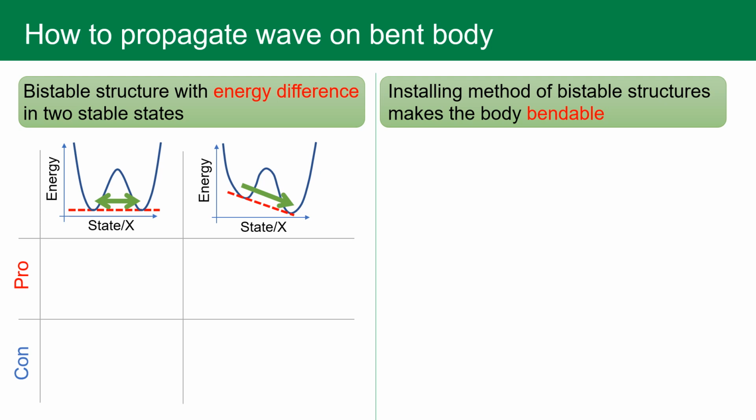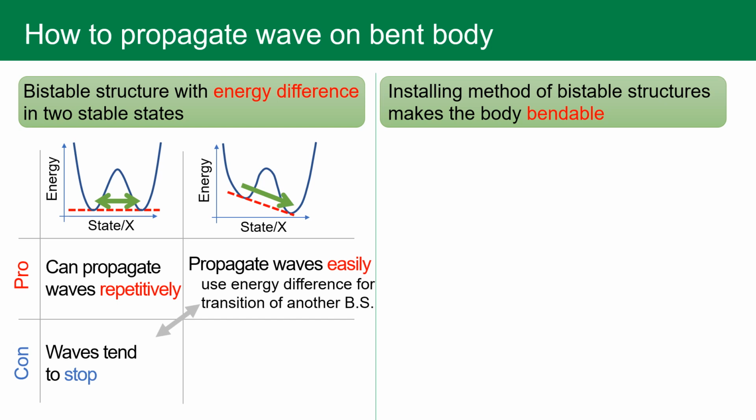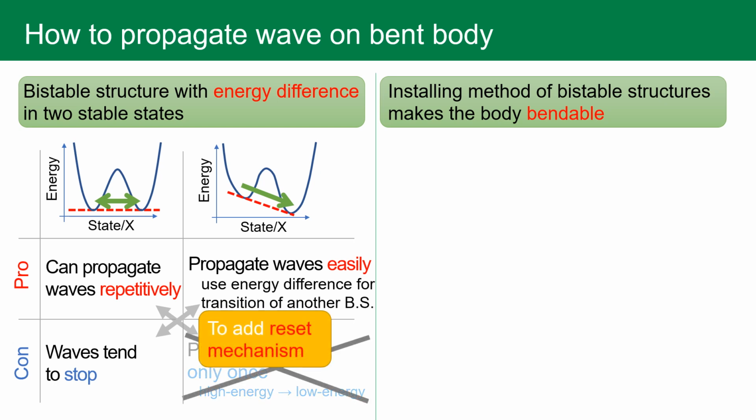Bistable structure without energy difference can propagate wave repeatedly, but waves tend to stop. By contrast, bistable structures with energy difference can propagate wave easily, but only once. We alleviate the con by adding a reset mechanism.